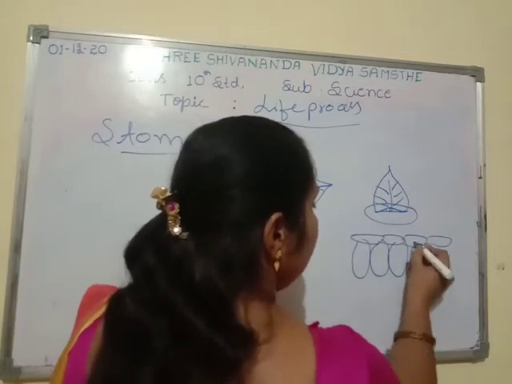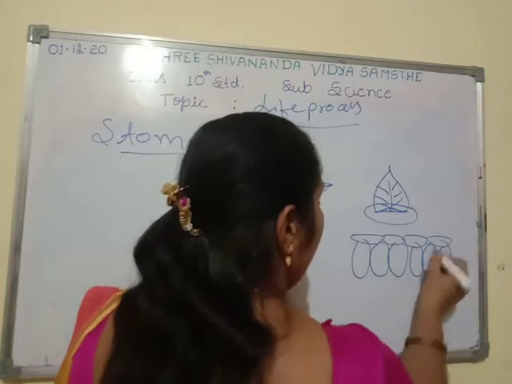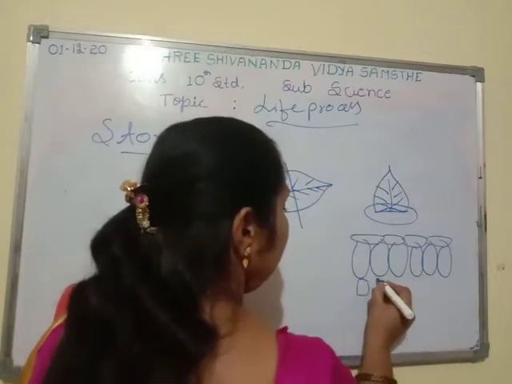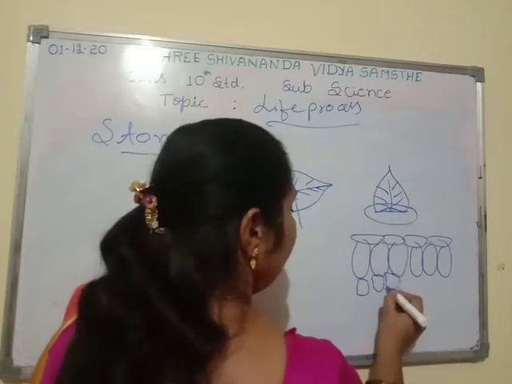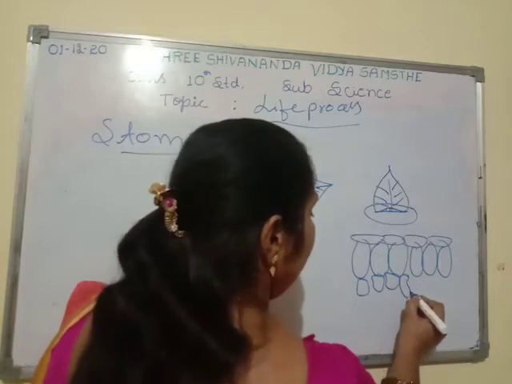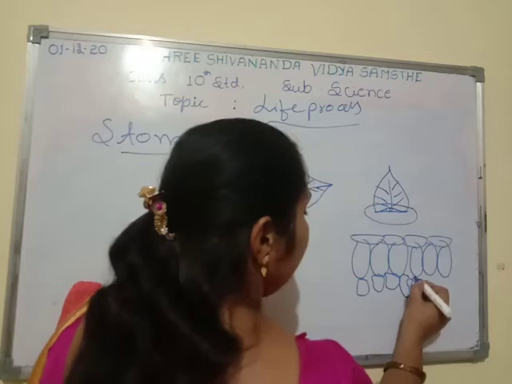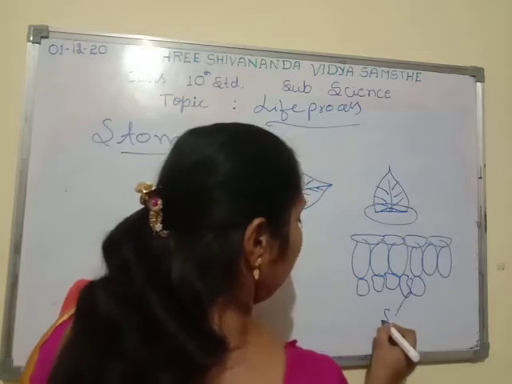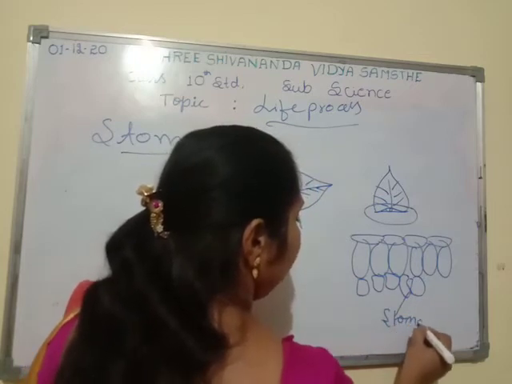This is the edge part of the leaf. In this part we can see pore-like structures. These are the stomata.